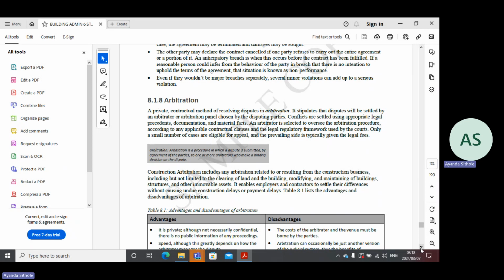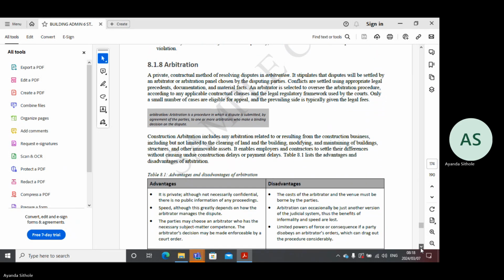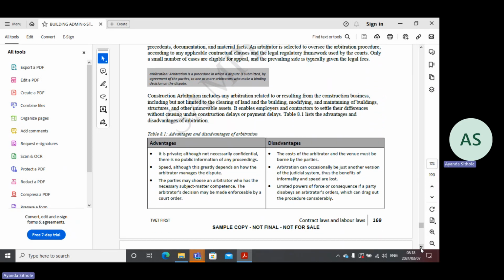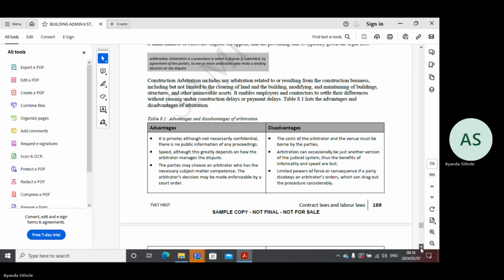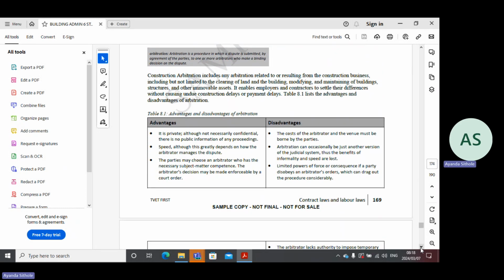So we have advantages and disadvantages of arbitration. Okay, so the advantages: it is private, although not necessarily confidential. There is no public information of any proceedings.